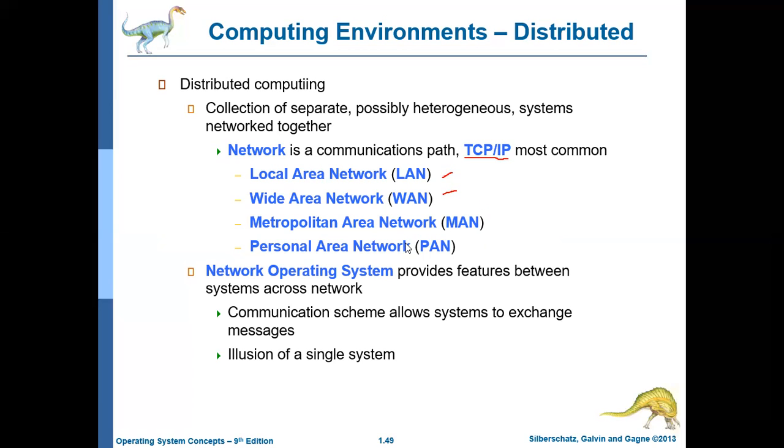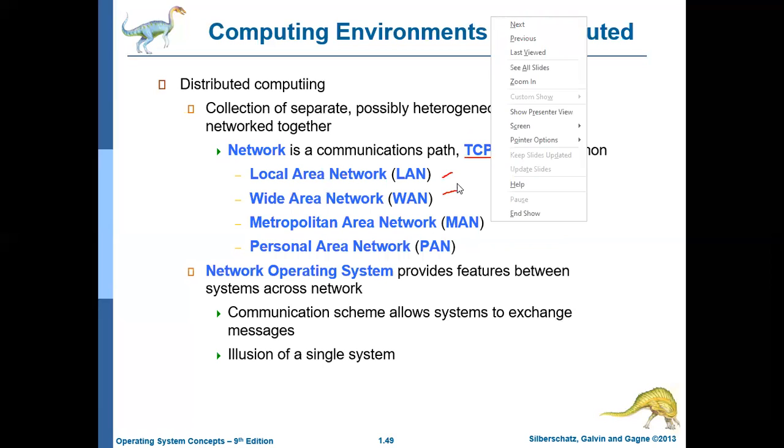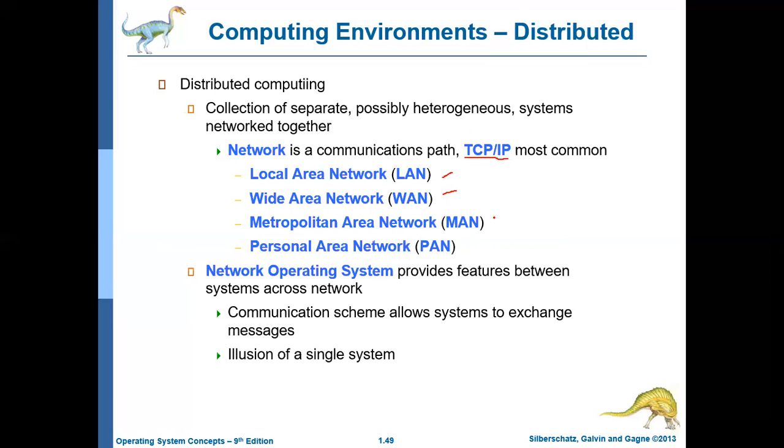LAN means local area network, which is limited within a particular room. So if there are 10 computers interconnected in a room, that is called a LAN. The computers that are interconnected within a building from one room to another room, you can call a WAN.